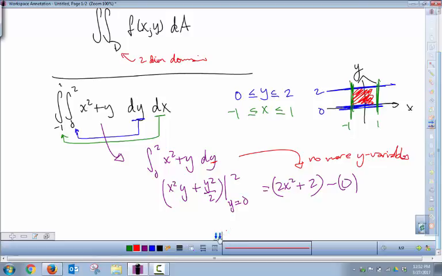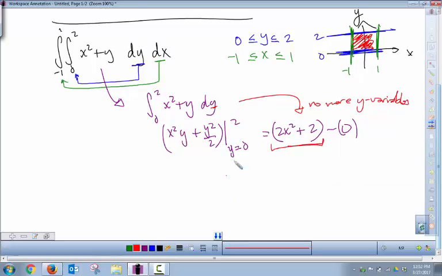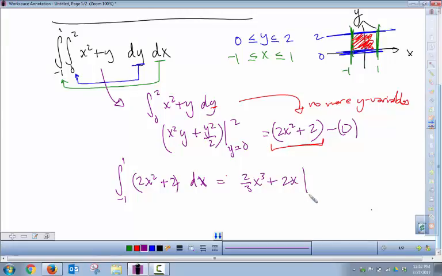Okay? So now that we have that, we take this and integrate from negative 1 to 1, 2x squared plus 2 dx. So we've got the inside figured out. Now we just integrate this, just a regular integral: 2/3 x cubed plus 2x. Evaluate this from -1 to 1.